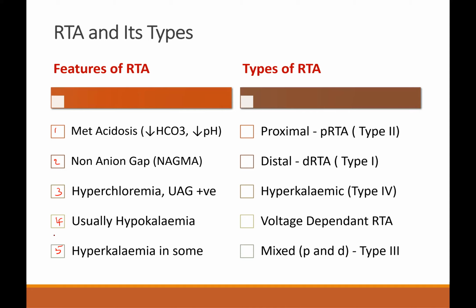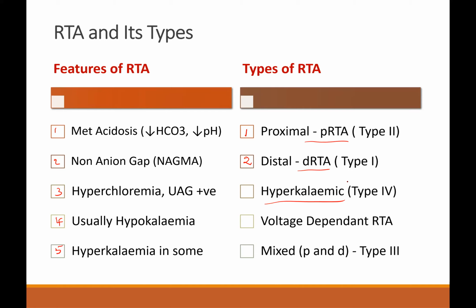The proximal RTA, also called PRTA. Earlier it was called type 2 RTA. Distal RTA, which was called type 1 RTA earlier. Now today the terminology is PRTA, DRTA, hyperkalemic RTA. So we don't use type 1, type 2, type 4 like that.